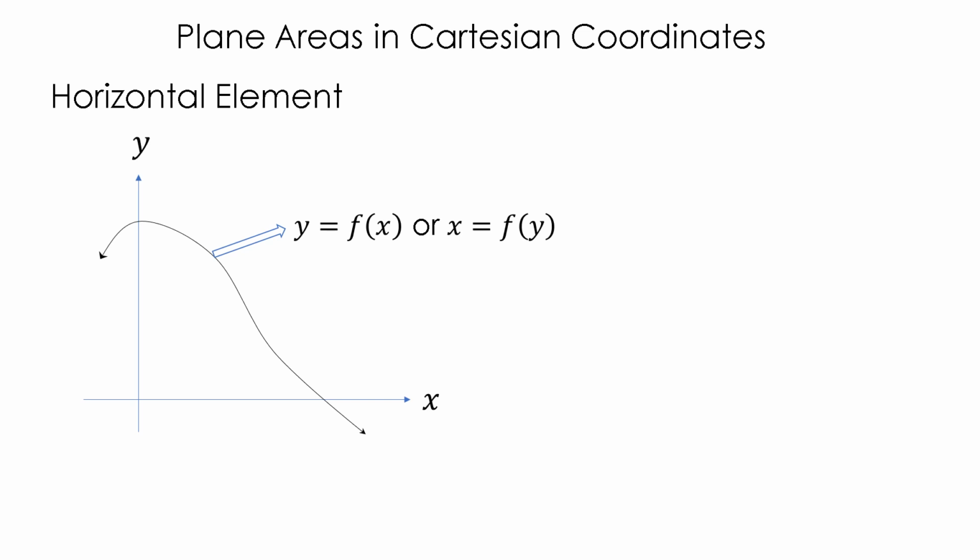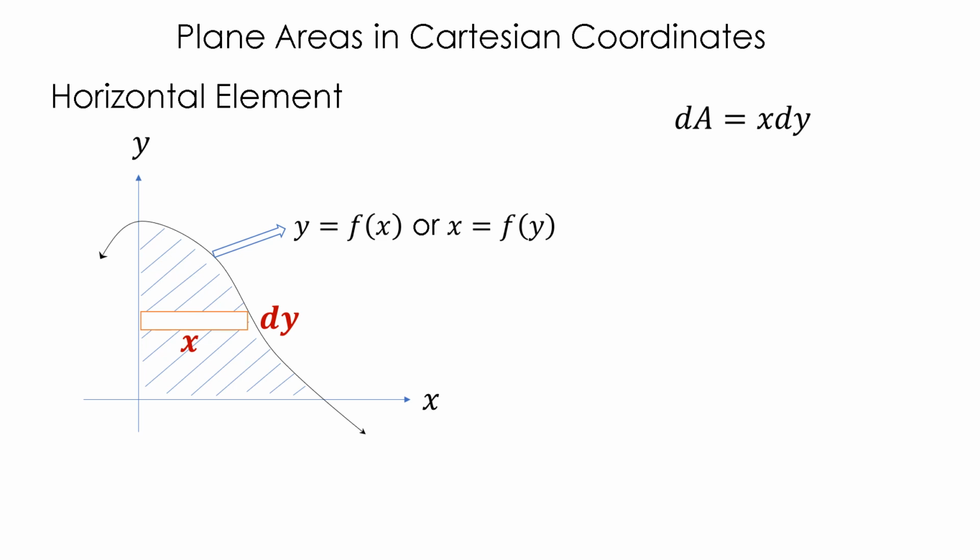If we wanted to solve the area bounded by this curve and the axis, we can introduce a horizontal element. A horizontal element whose width is equal to the differential of y, or dy, and whose length is equal to x. Solving the area of this rectangle is a differential area equivalent to x dy.